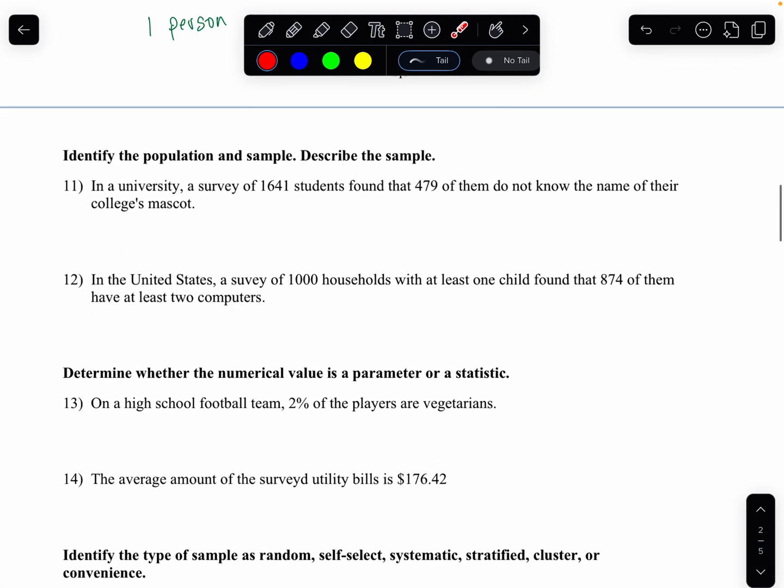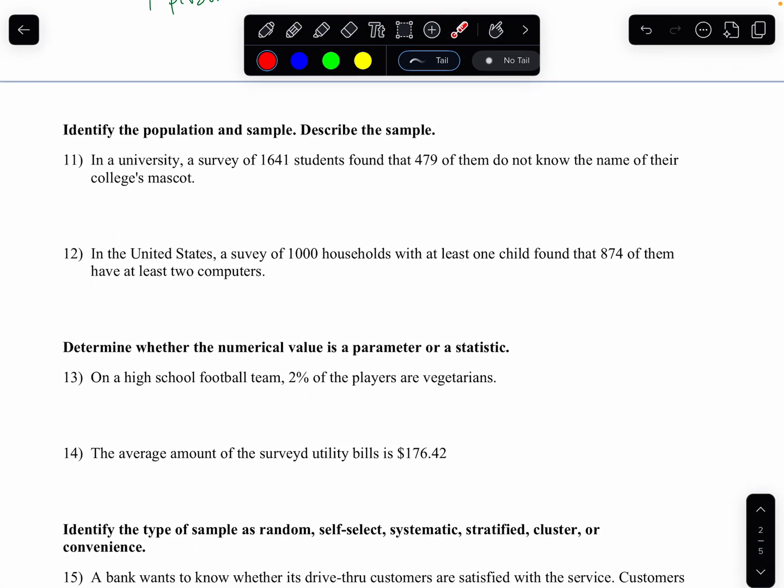Okay, all right, and that's all you need Desmos for. Moving on, identify the population and the sample. The population is the whole, the sample is a subset. In a university, a survey of 1641 students found that 479 of them do not know the name of their college mascots.